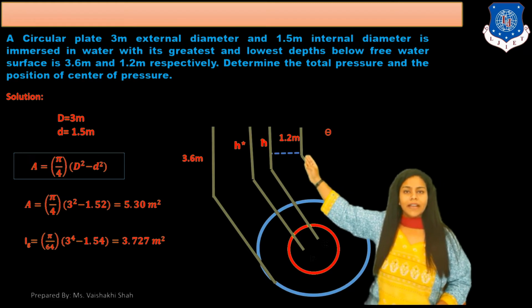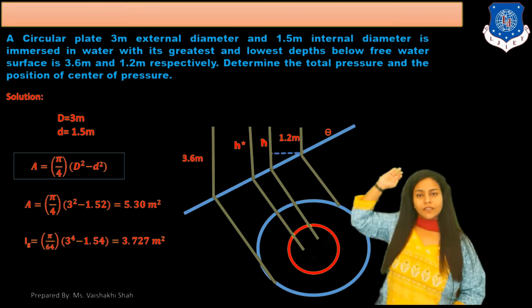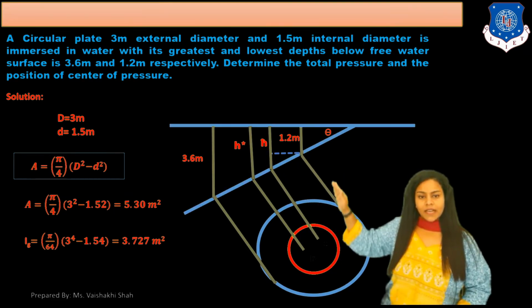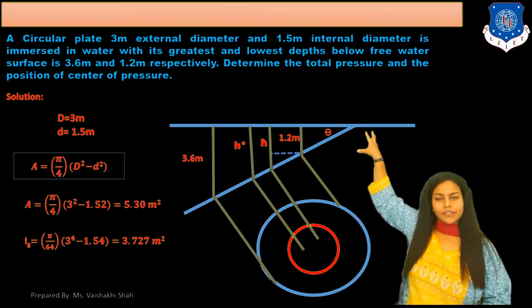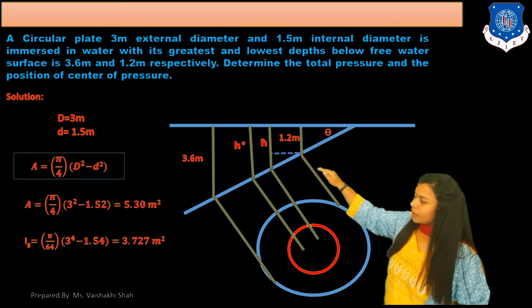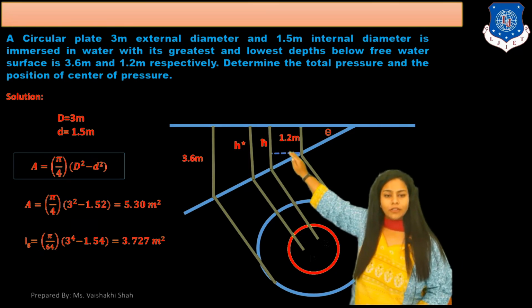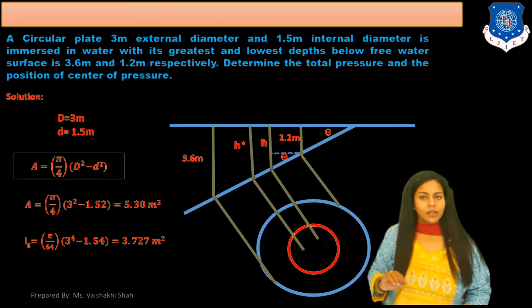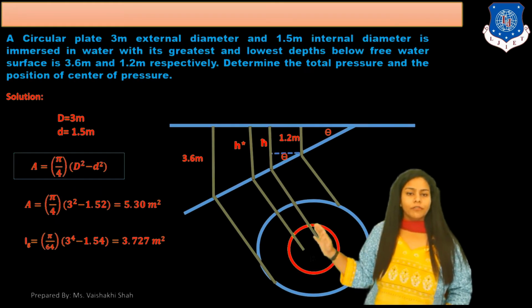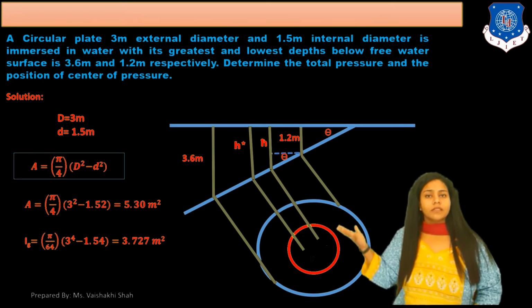If you draw a line here, this angle is theta, and this is the free surface of the liquid. So this is the diagram of your immersed body.